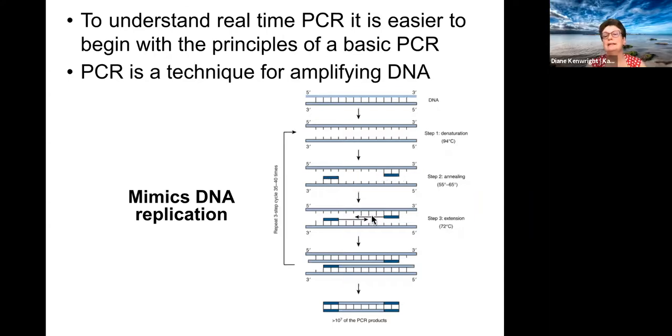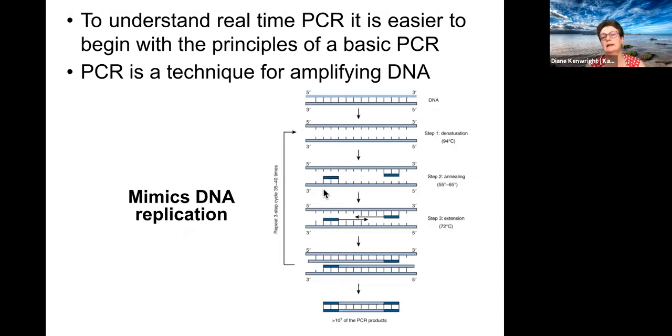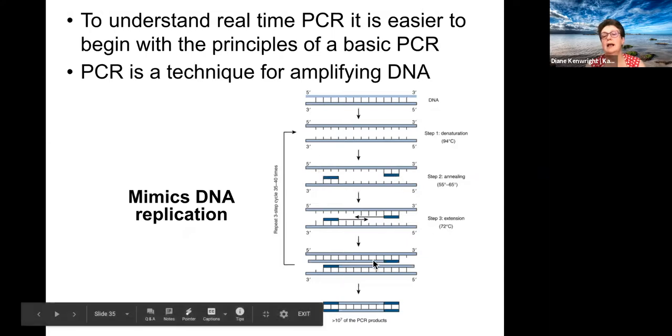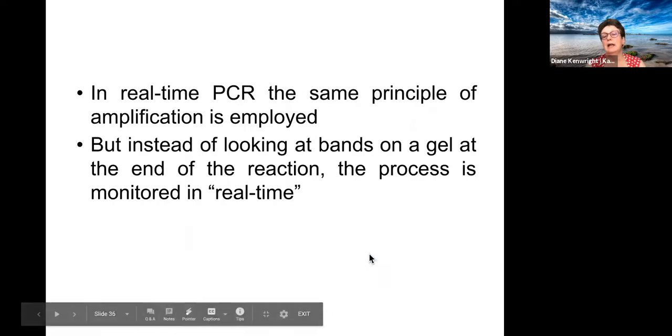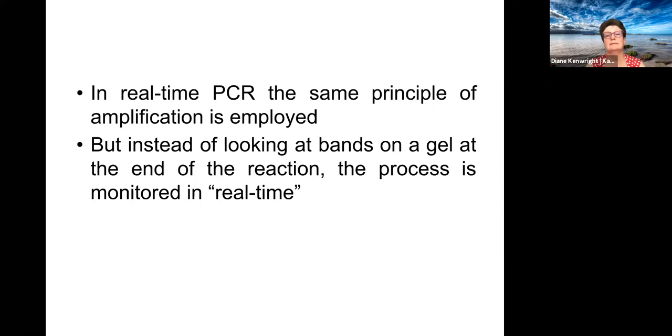Then you put in enzymes and extend it, and then you've got 2 bits of DNA replicated between the start and the finish of the sequence that you're testing for. And then you repeat, and you get lots and lots of that type of DNA. Just that little sequence is amplified.